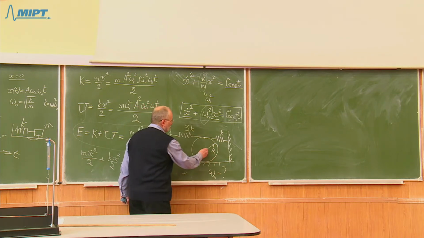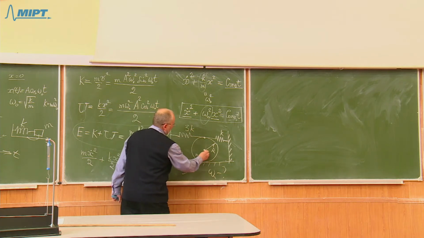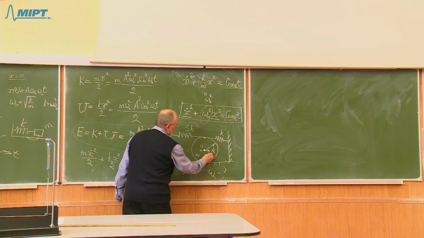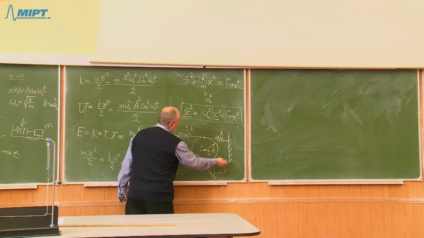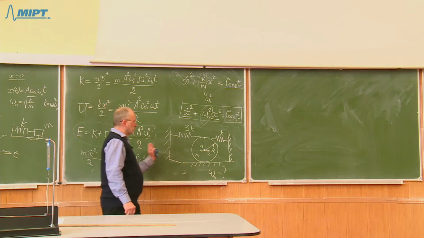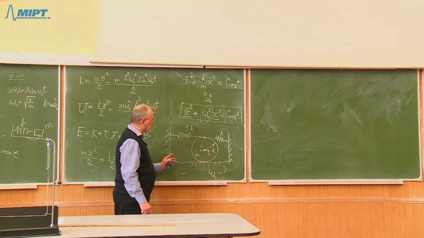Or you may choose to use as x the displacement of point O, which will move to and fro while the disk rotates and moves to and fro in its vibrational motion.